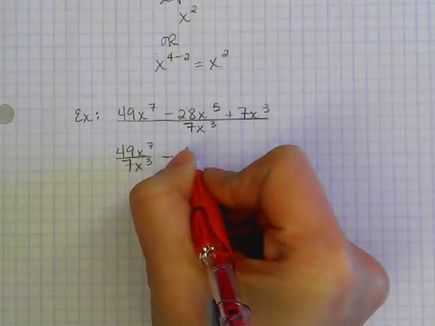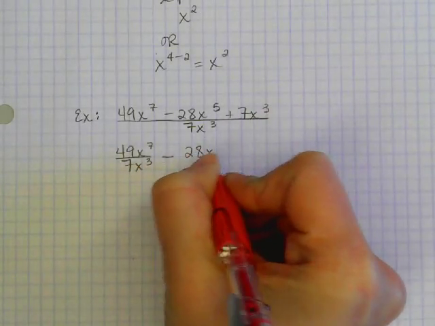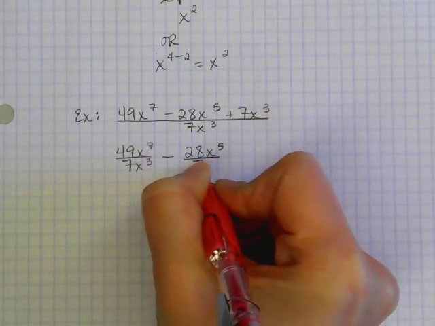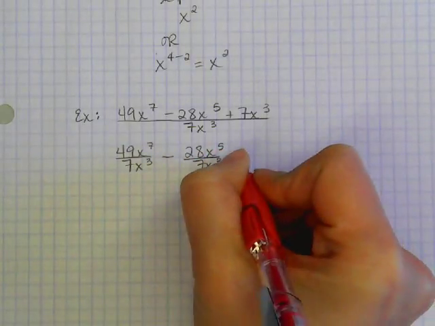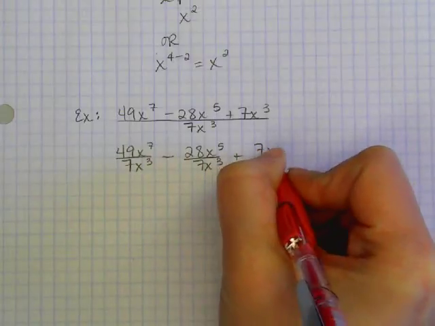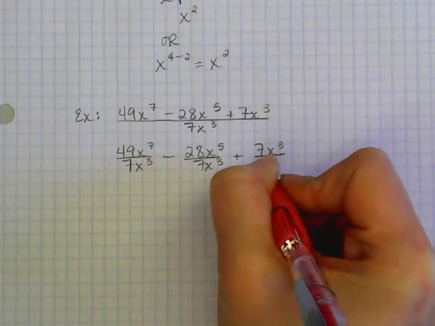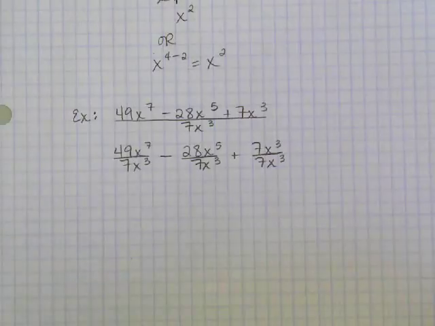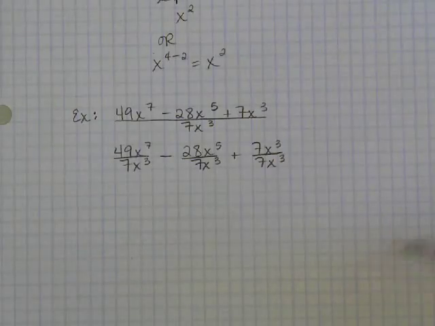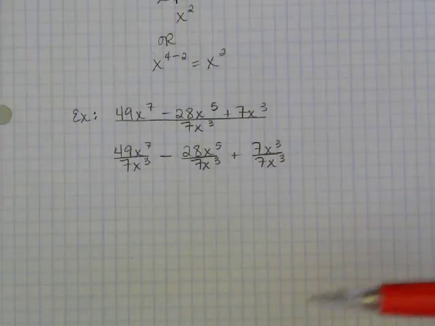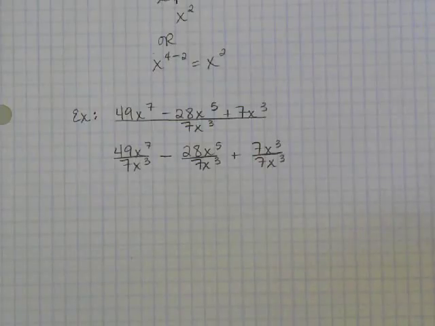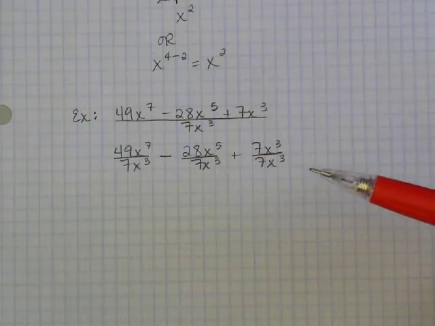So the first one, what happens with that 49 over 7? What does that become? 49 divided by 7 is 7. And x to the 7th over x to the 3rd, what do we do with those exponents? Subtract. So 7 minus 3, so we have x to the 4th.